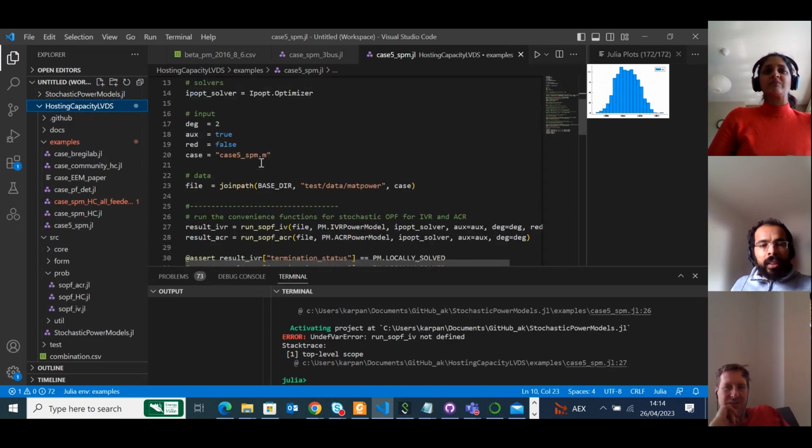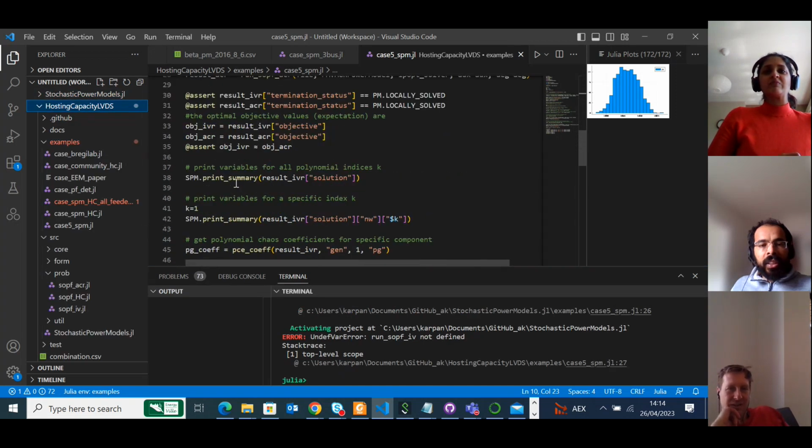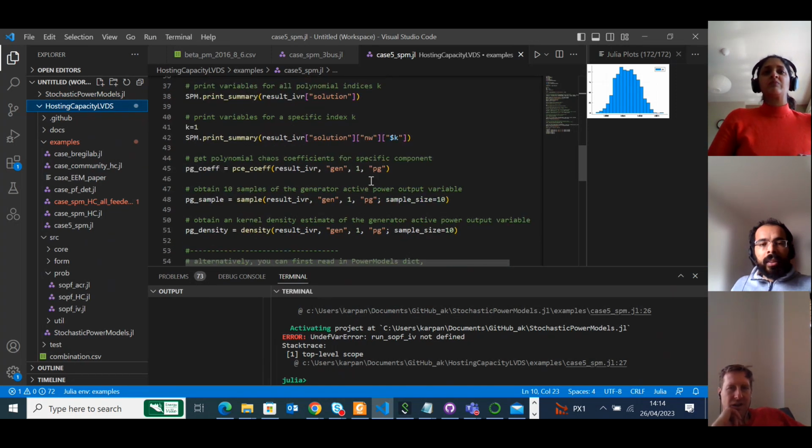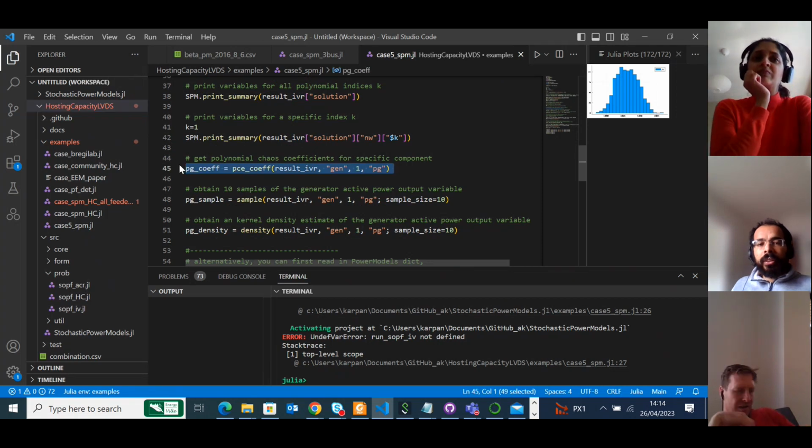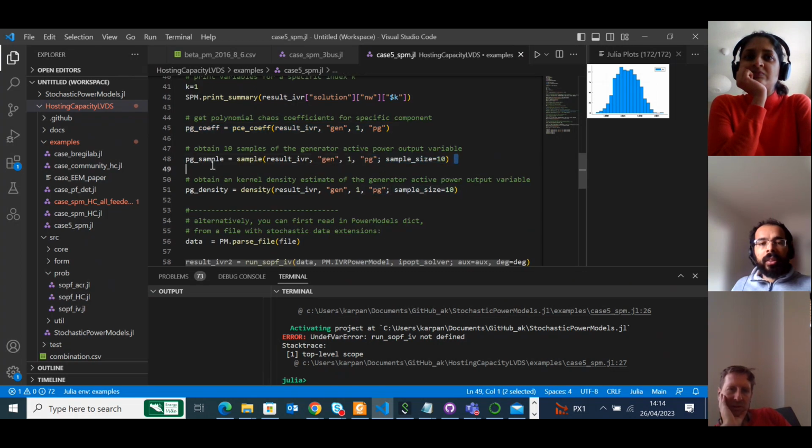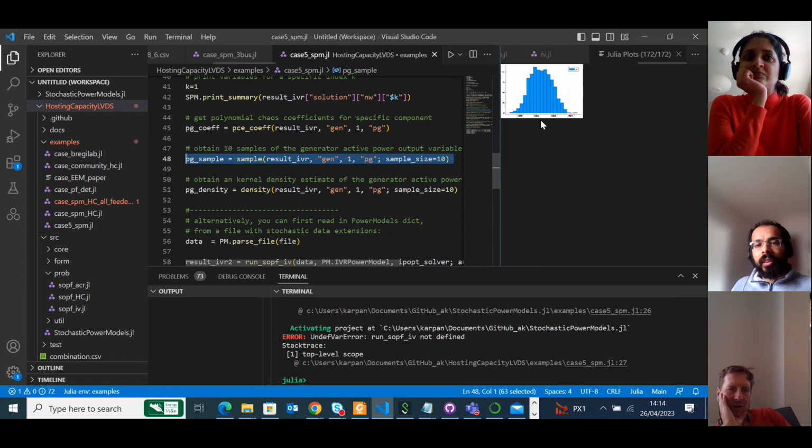What you can also do is print the summary as in normal IVR, but then you can also see the coefficients here. So if you have a PG, you can see the coefficients, and then also you can sample those coefficients to get the output, something like this. This was, I think, just before I talked to you, I created this sample, but it decided not to work now. But you'll get samples like this based on that.